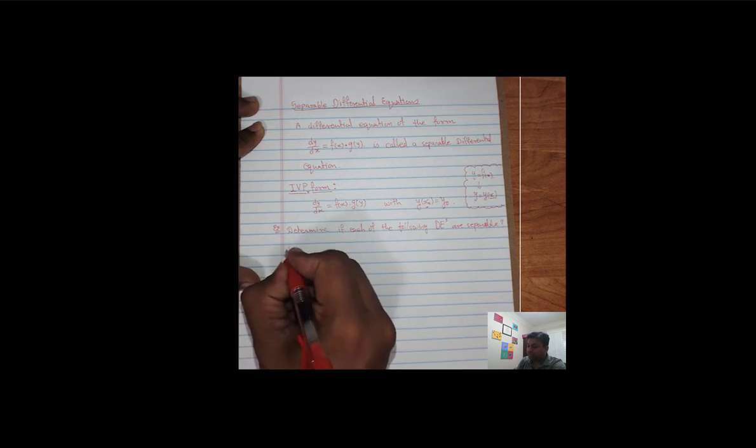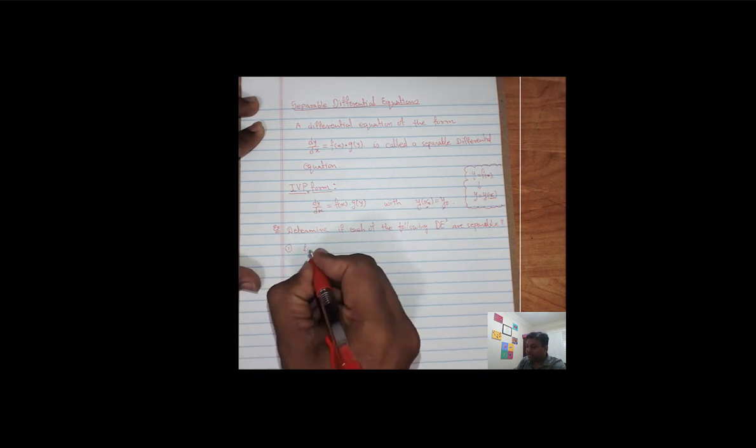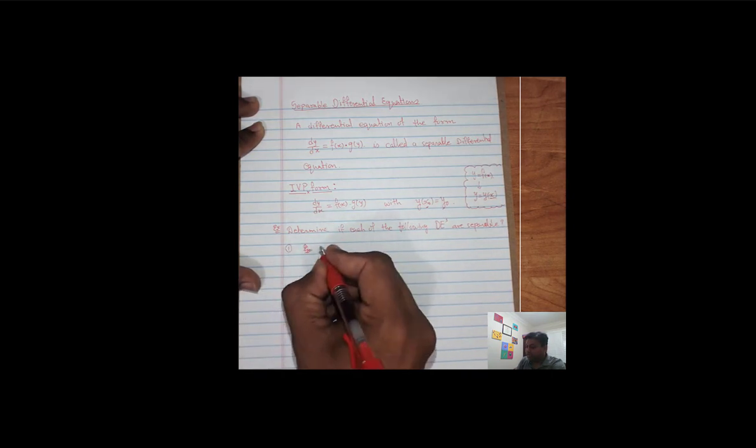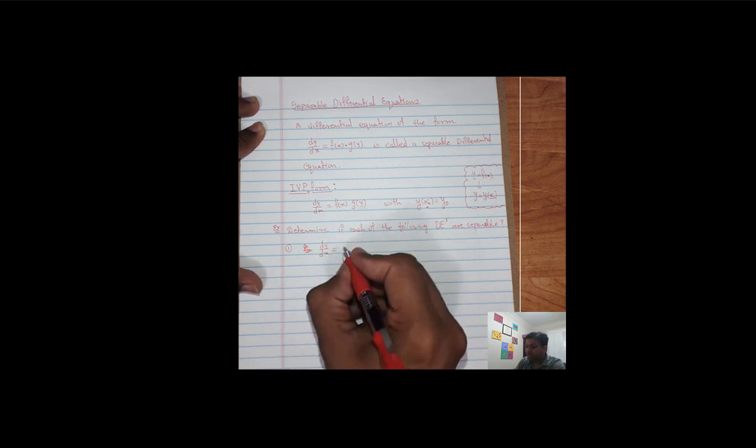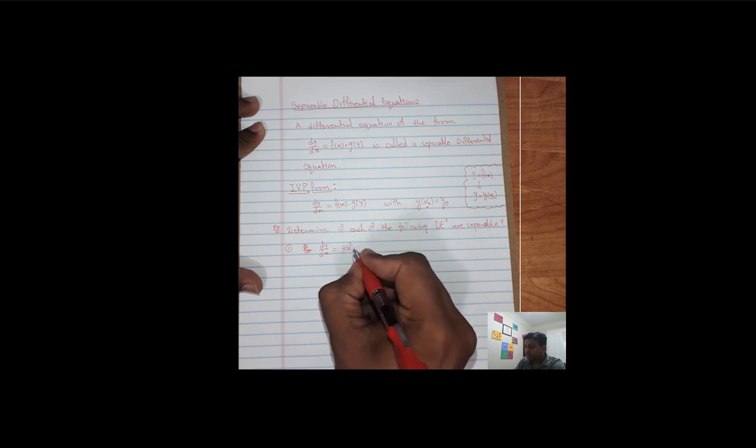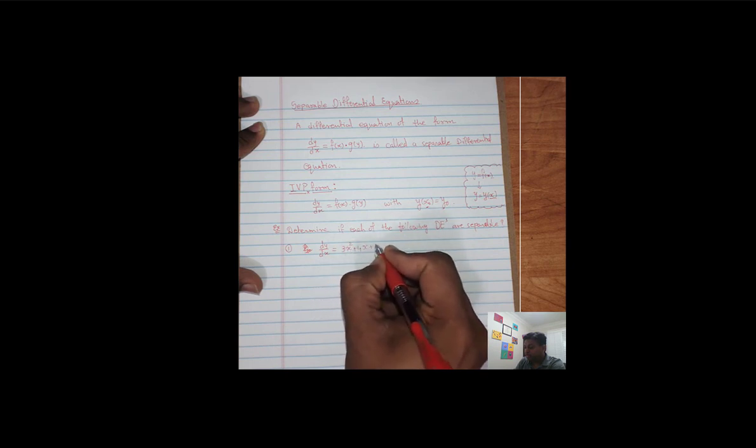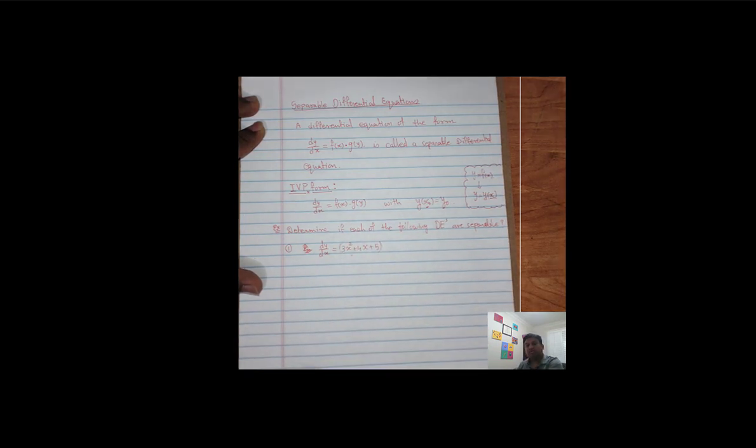Here is the first example: dy by dx equal to 3x square plus 4x plus 5.